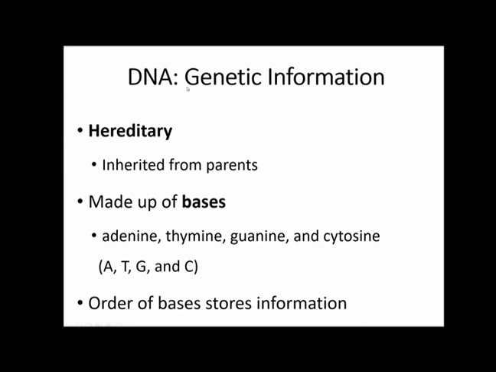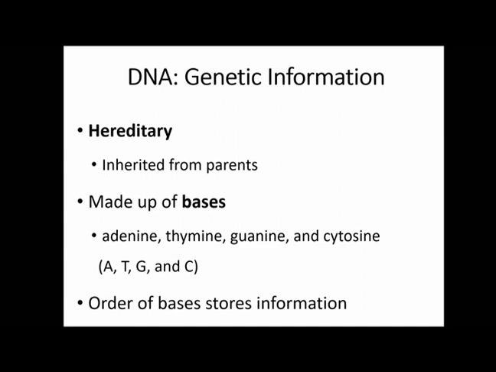And so when we're talking about our genetic information, when we're talking about our genes, we're mostly talking about DNA. And so this is our units, our representation of that genetic material. So our DNA is hereditary. It is inherited from our parents.